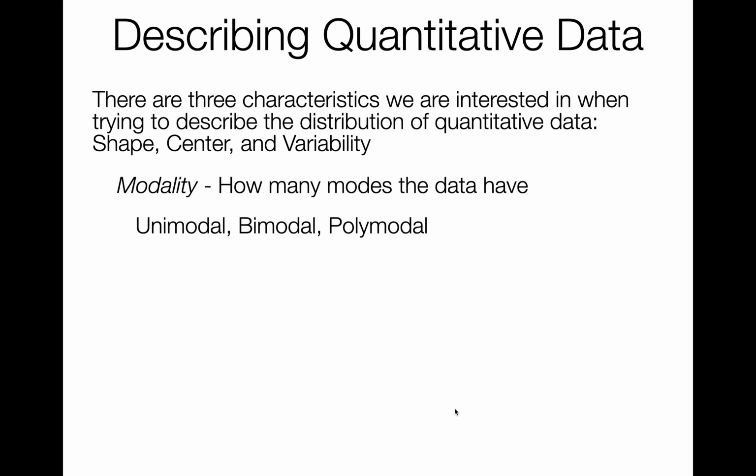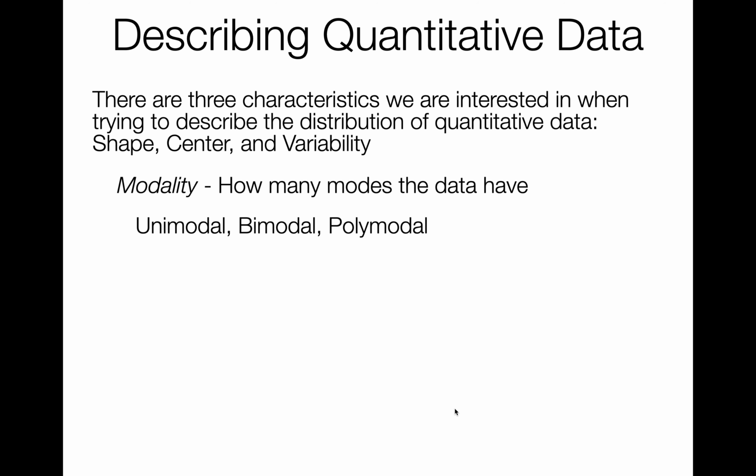You can have a number of different ones. You could have one mode, and we're going to call that unimodal. We could have two different modes, and they call that bimodal. Once you get to more than two, you could call three trimodal, and so on, but generally after two, you're going to call it polymodal.